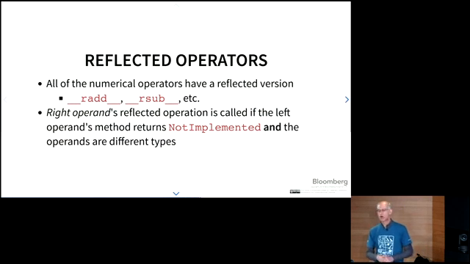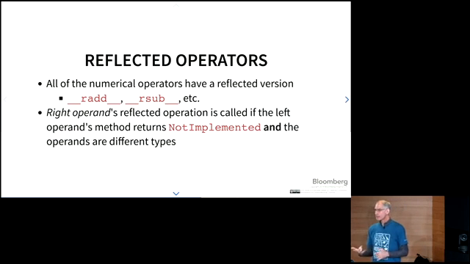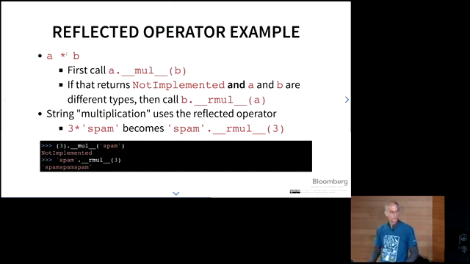There's also this concept of reflected operators. All of the numerical operators have a reflected version. So where we had Dunder add, we have a Dunder radd and a Dunder rsub, et cetera. The right-hand operand of an operator, its reflective operation is called if the left-hand operand does not have the supported operation, or returns NotImplemented. So one of the ways to look at this is if we look at an example.